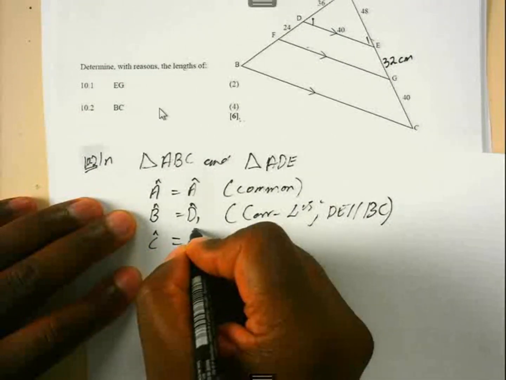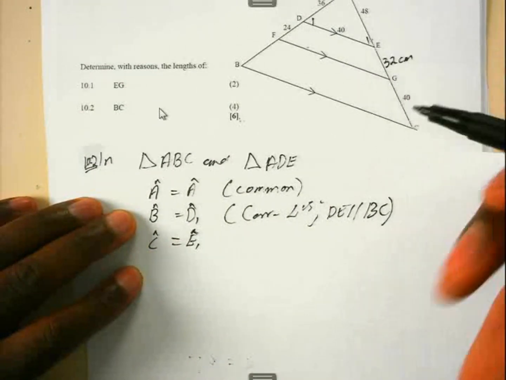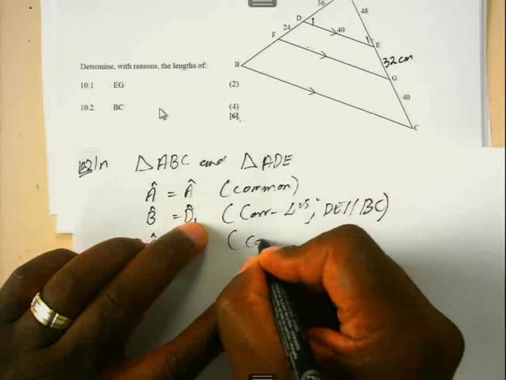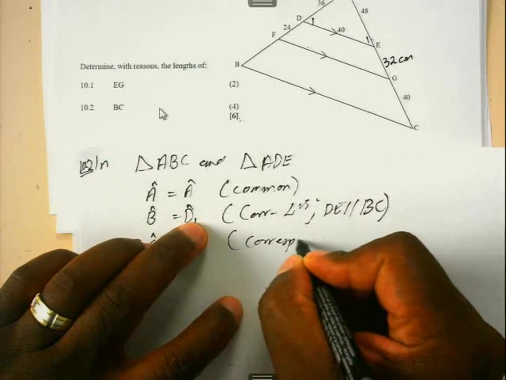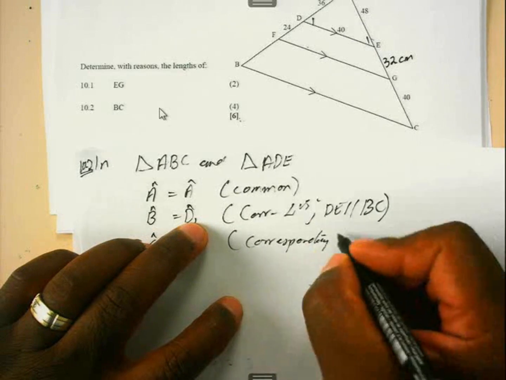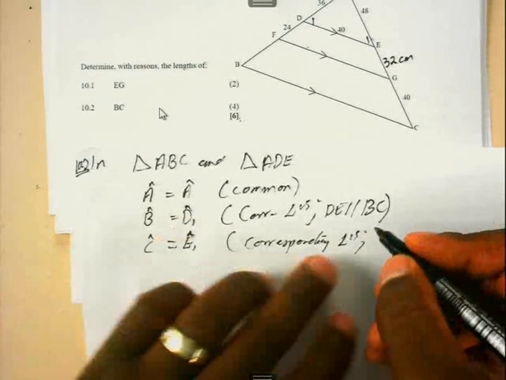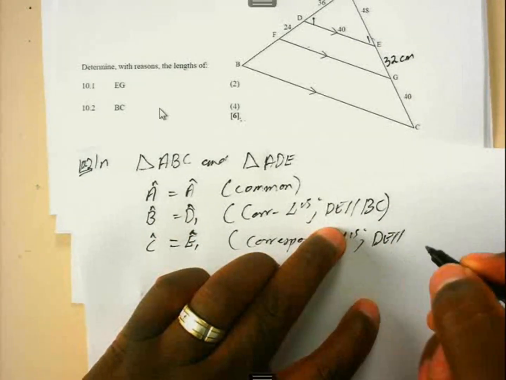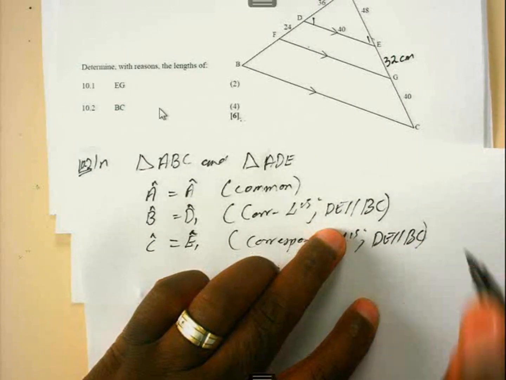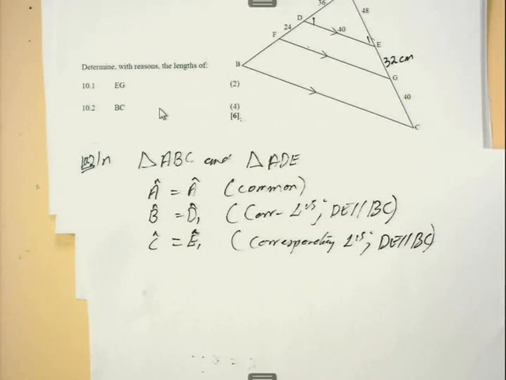Why do I say they are equal? Because those are also corresponding angles where DE is parallel to BC. Therefore, the two triangles are equiangular, and if they are equiangular, then the two triangles are similar.